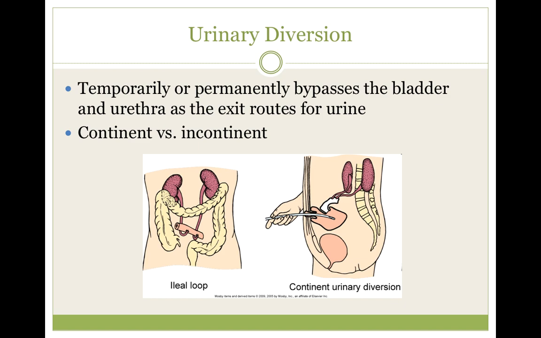So you can see this patient on the left has an ileal loop, and you can see these on page 1154. The patient with the ureterostomy, that's also called the ileal conduit, will have a continual flow.